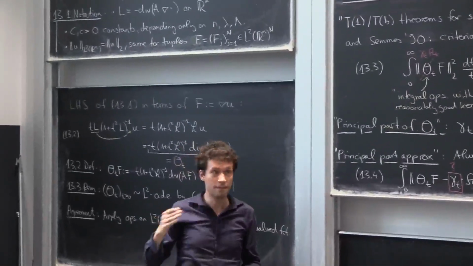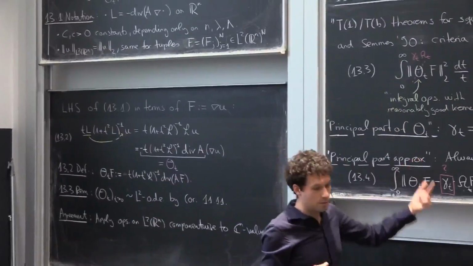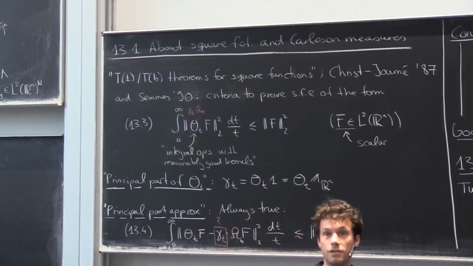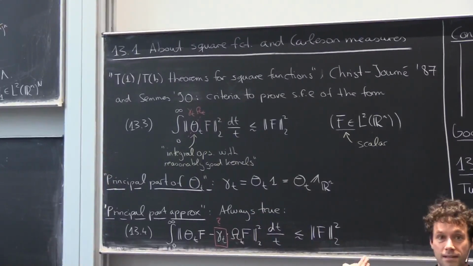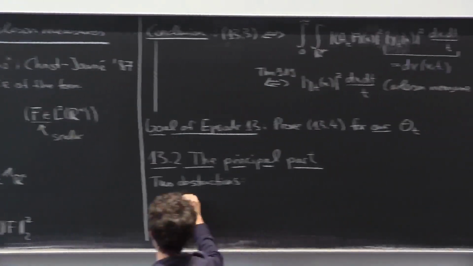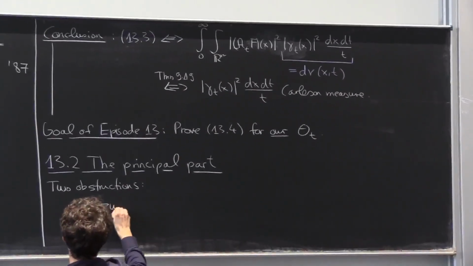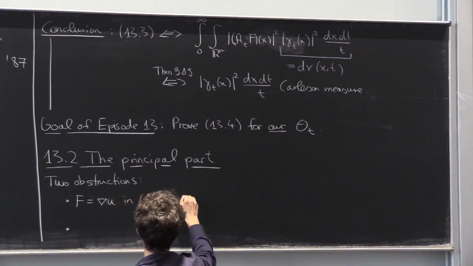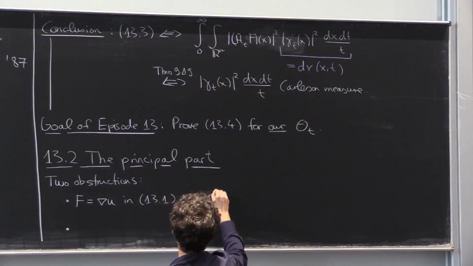It should be something related to dimension. So we should not have just one principal part, but we should have dimension many principal parts. Okay, so for me the first obstruction is that grad u in 13.1 is a C to the n vector.